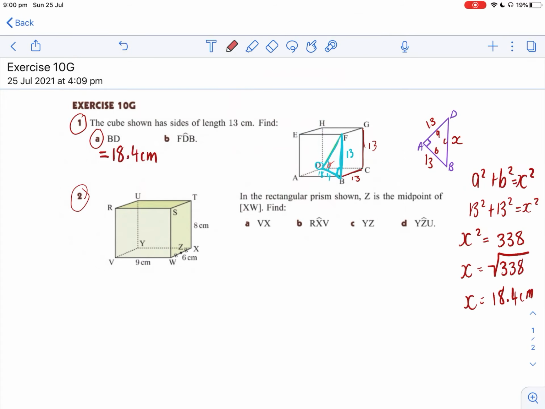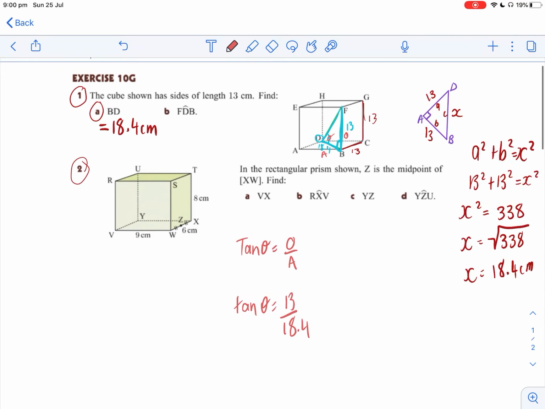so I've got my angle here, I have my opposite side and my adjacent side. So I'm going to be doing tan theta is opposite over adjacent, and tan theta is 13 over 18.4.